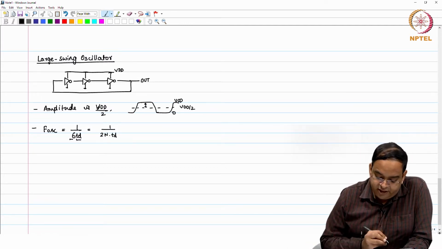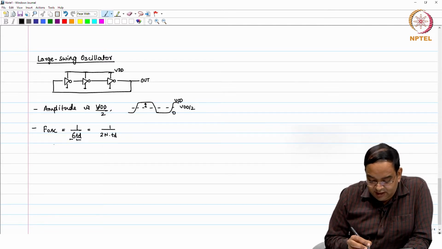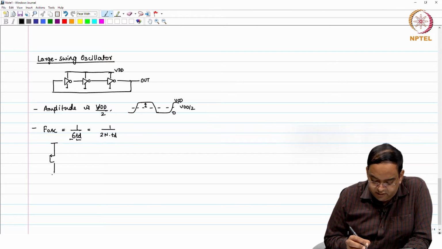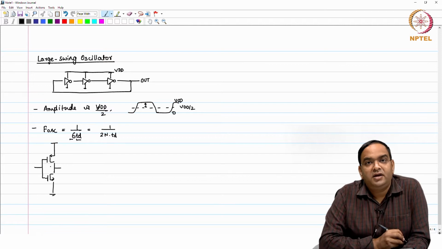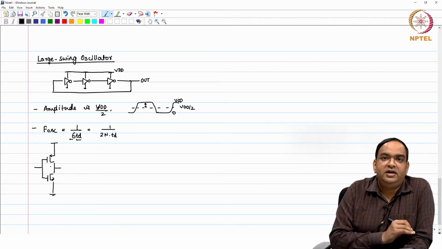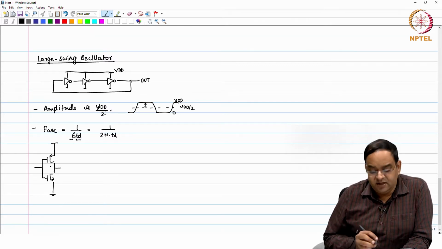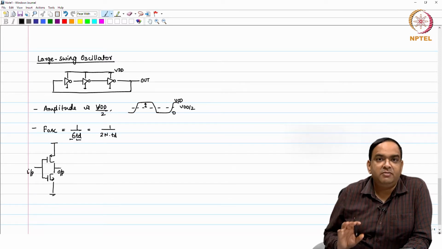Let us say you choose a certain technology. In the given technology, you will design an inverter for the highest frequency possible. Highest frequency means that the input to output delay has to be minimum.